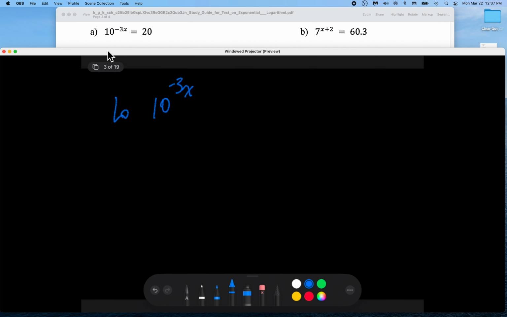Okay, so we're going to take the log of both sides, and we're going to use log base 10 because there's a 10 here. So that's how I rationalize that. In other words, we could have used natural log. You want to use either log or ln because both of them are calculator friendly. But don't forget, there's a hidden 10 in here.